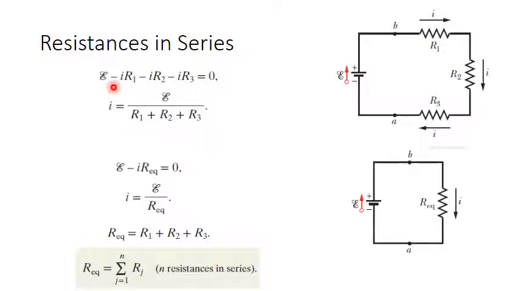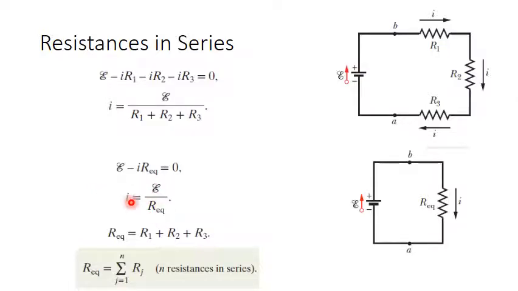If we take the terms that include I to the other side and solve for I, we get I equals the electric potential E over R1 plus R2 plus R3. For the equivalent circuit, we have the same potential, an equivalent resistance R equivalent, and we need the same current I. So for a single loop, E minus I R equivalent equals 0, and I equals E over R equivalent.